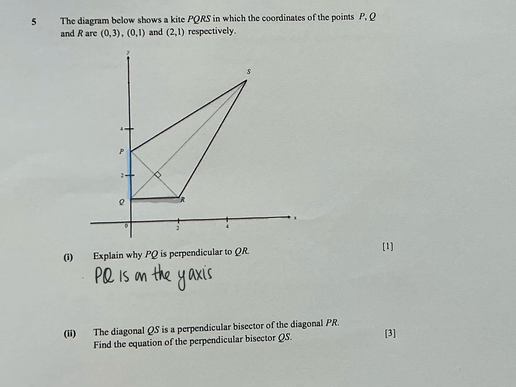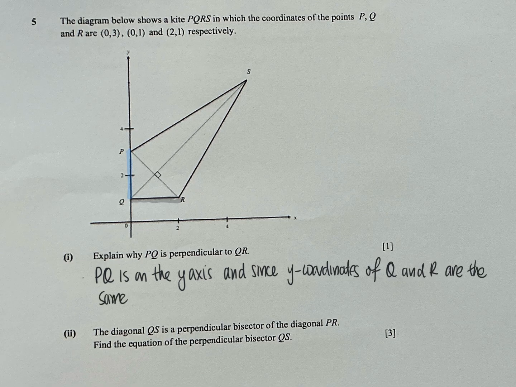And since the y-coordinate of Q and R are the same, QR is parallel to the x-axis. Therefore, PQ is perpendicular to QR. Because one is a vertical line, the other one is a horizontal line. So because this is parallel, it must be 90 degrees with one another. Can you just write that one for perpendicular?